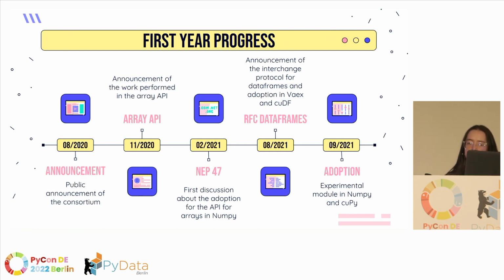And finally, in September of 2021, we had the experimental module in NumPy and CuPy, which was a fairly easy transition, as you can see, because a lot of things were already implemented. They just needed to make really little changes to their actual APIs.